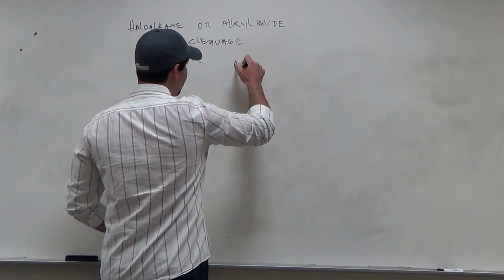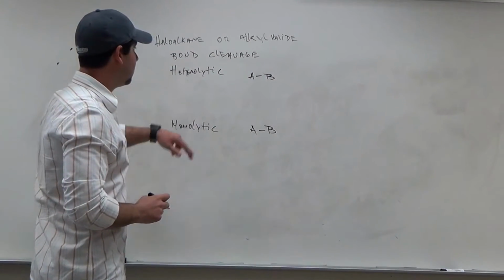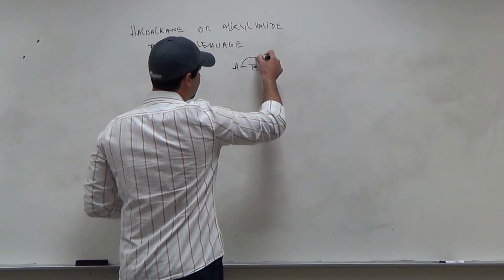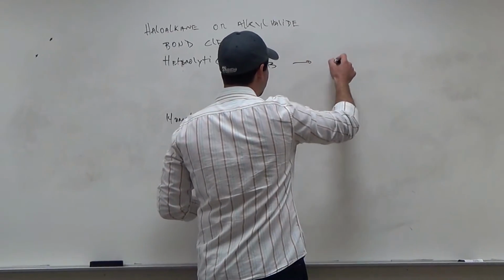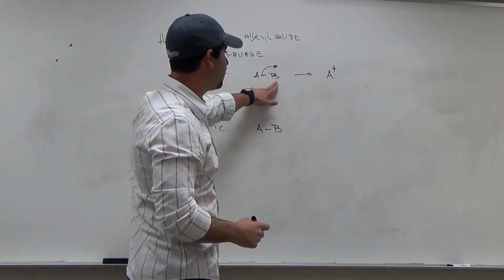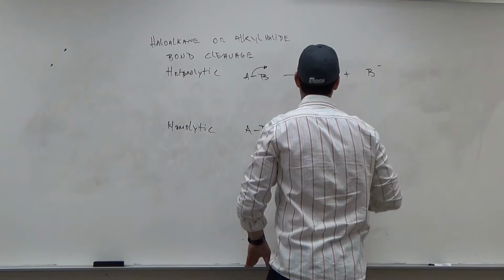So here's A and B. In heterolytic bond cleavage, you have something like this. And when this happens, what you get is A plus, because all the electrons went with B. And then you have B minus.